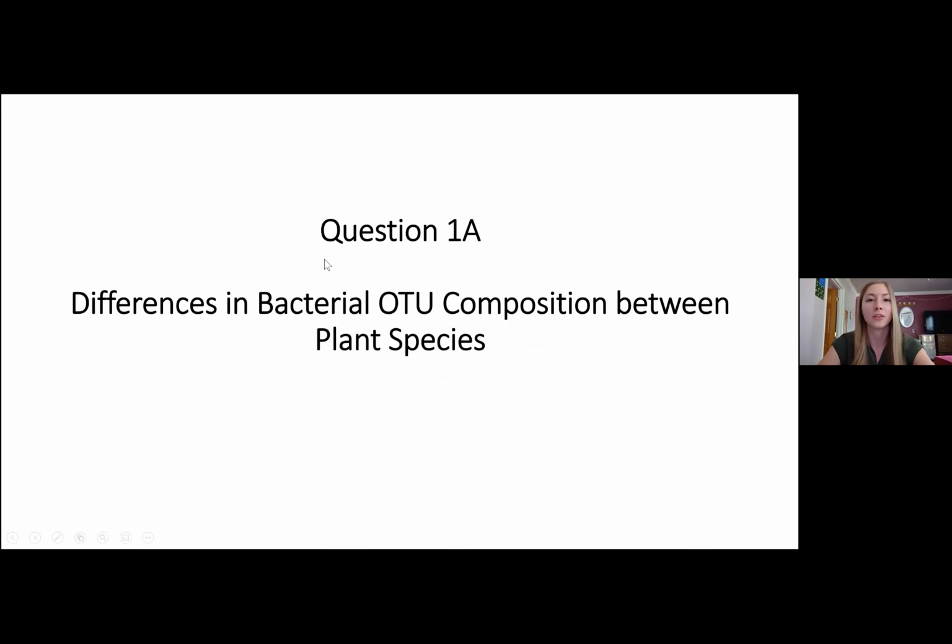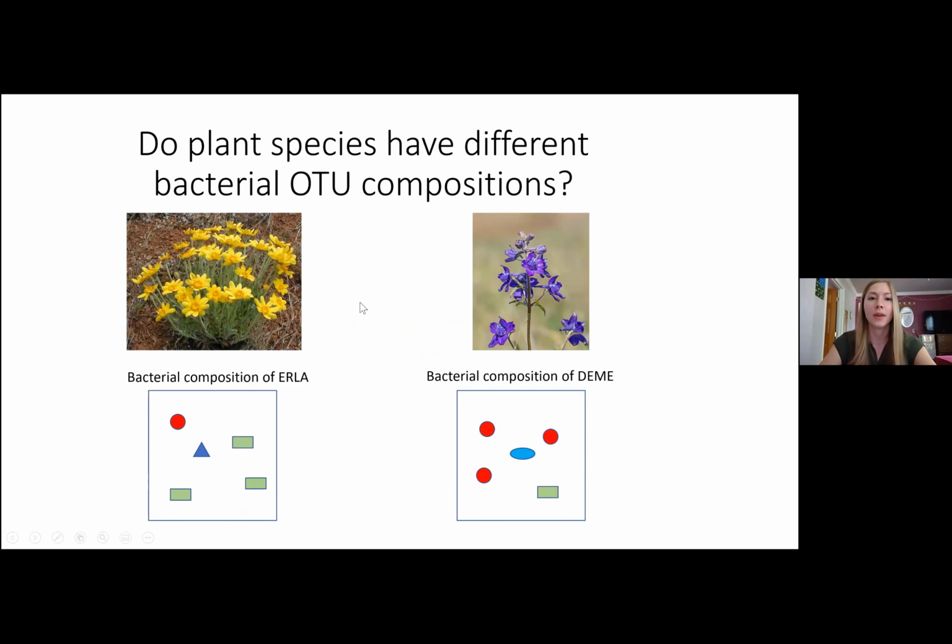So now I want to address my first question: differences in bacterial OTU composition between plant species. I'm going to talk a bit about bacterial OTU compositions. It's a long word, but essentially I'm asking what makes up the microbiome of these plants. So in this stem, for example, let's compare the stems of Urla and Demi. This is a picture of what bacteria live inside those stems.